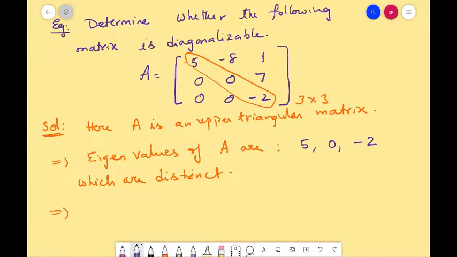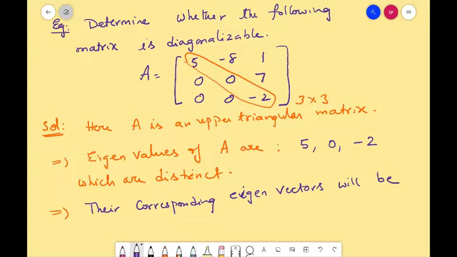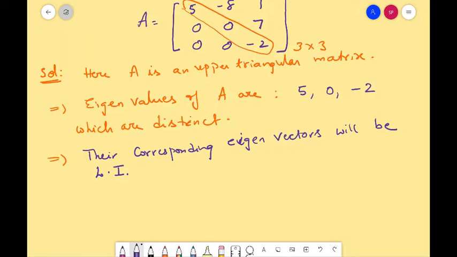That implies their corresponding eigenvectors will be linearly independent. If they are linearly independent, then by the diagonalization theorem, A is diagonalizable.